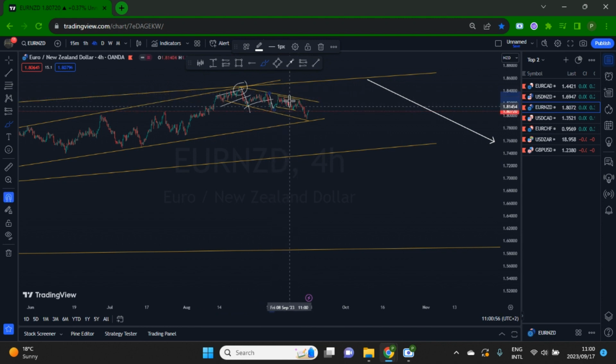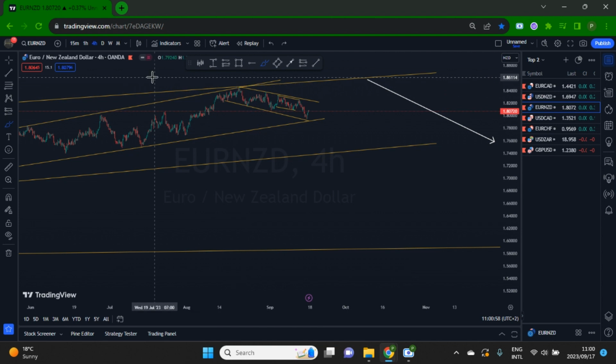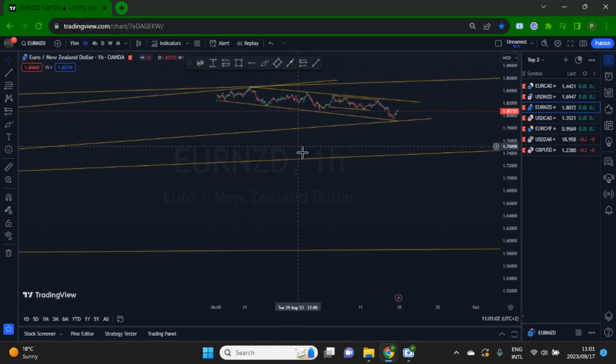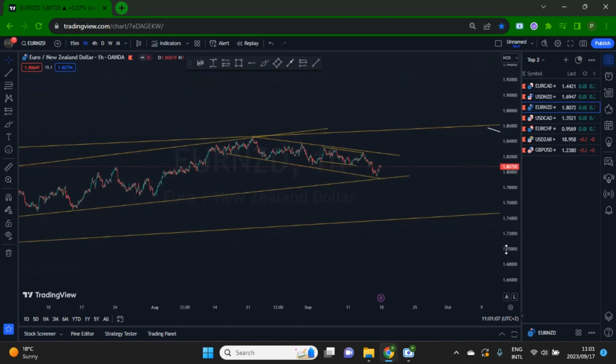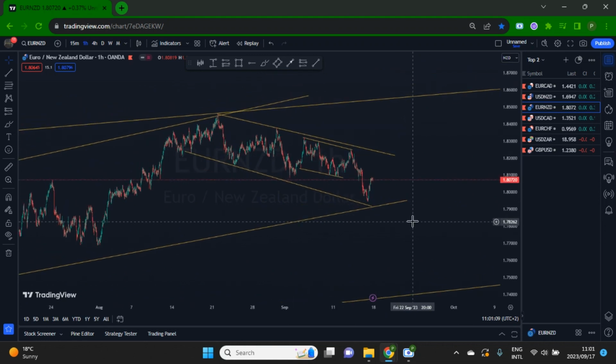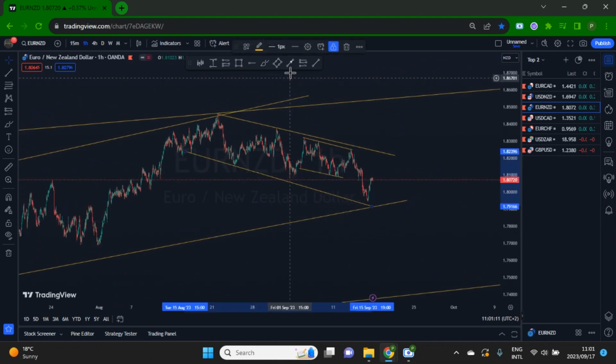Fine. Now let's look at how we are going to capitalize on this trade. So far I have been looking for downward movement, right? But how am I going to go in? Check this out.